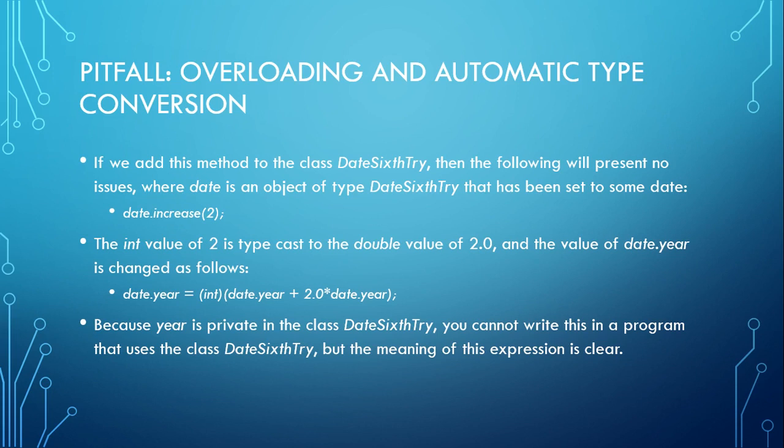Because year is a private variable in the class Date6Try, you cannot write this in a program that uses the class Date6Try, but the meaning is pretty clear. I mean, obviously, if you remember our whole spiel about private variables, it makes sense.